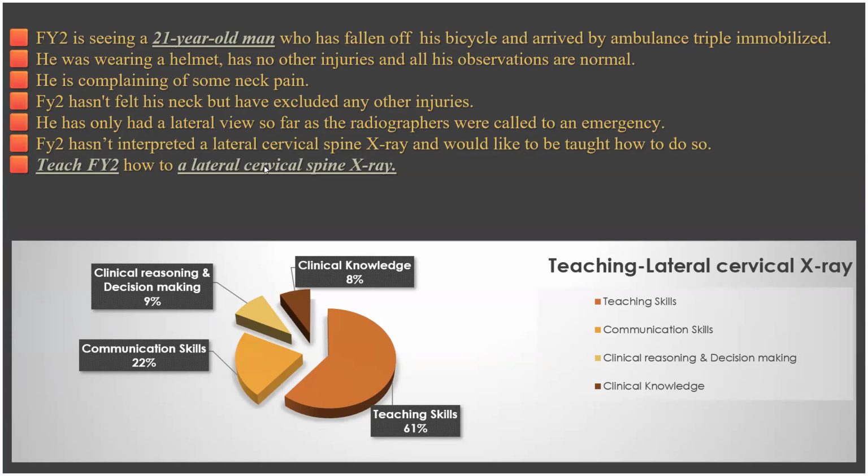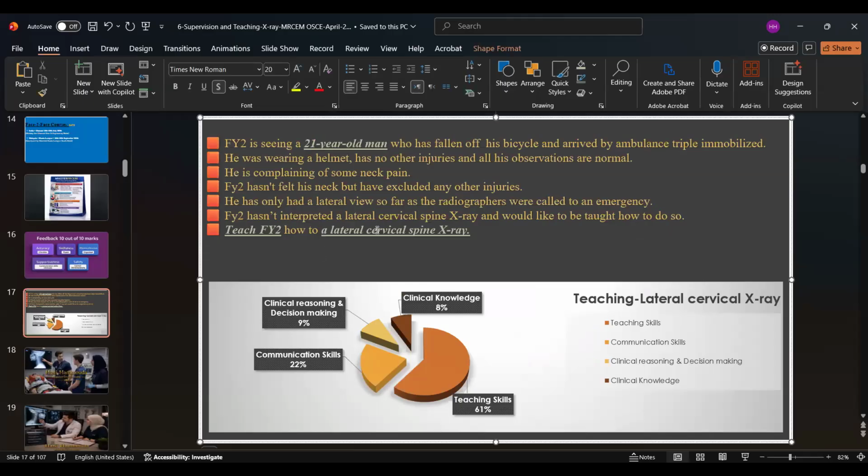Okay. So the pie chart now is teaching. You will teach what? Lateral cervical spine X-ray interpretation. So here's the task, how to interpret.